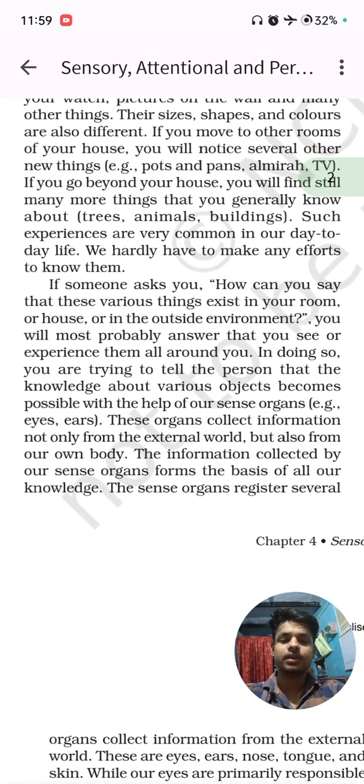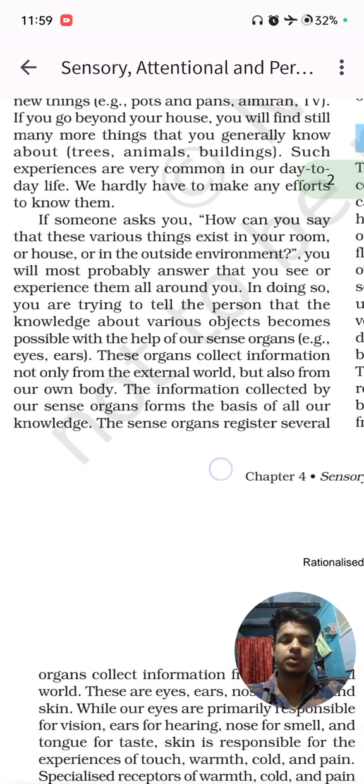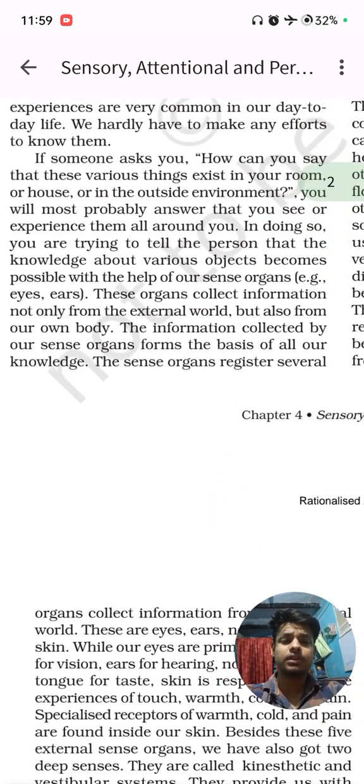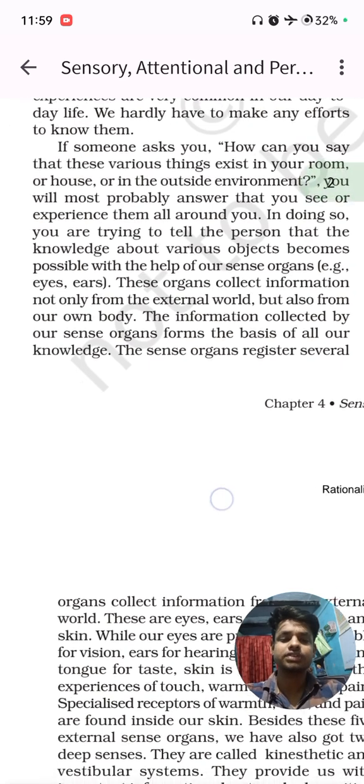If someone asks you, how can you say that these various things exist in your room or house or in the outside environment, you will almost probably answer that you see or experience them all around you. In doing so, you are trying to tell the person that knowledge about various objects becomes possible with the help of our sense organs, for example eyes and ears.